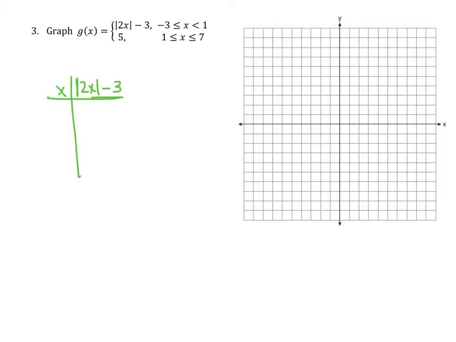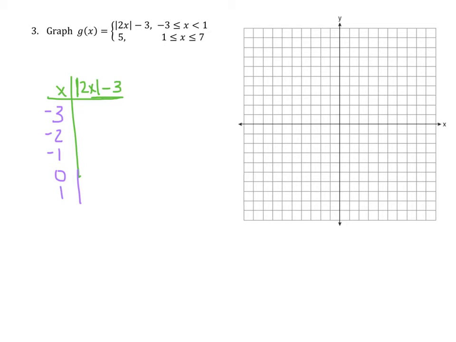Okay, and what x values am I filling in on the left-hand part of my table? What values do I look at? Well, hopefully we all agree that's where this interval comes in. And they are being very specific. They want you to look between -3 and 1. So -3, -2, -1, 0, and 1. And I can even be specific about open or closed circles.